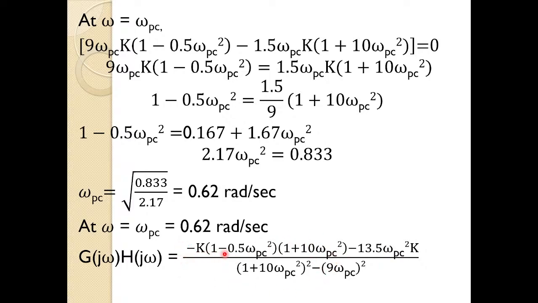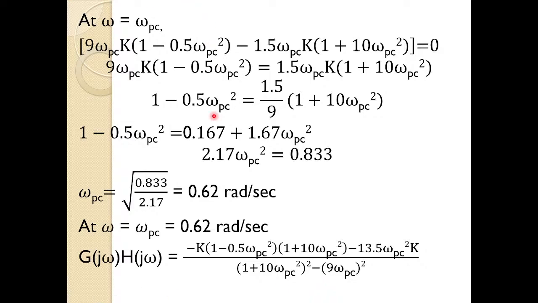That is minus k into 1 minus 0.5 omega square into 1 plus 10 omega pc square minus 13.5 omega pc square k, whole divided by 1 plus 10 omega pc square, whole square, minus 9 omega pc whole square. Substitute the omega pc value here and simplify it and tell me the answer.